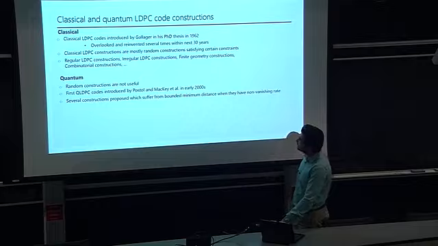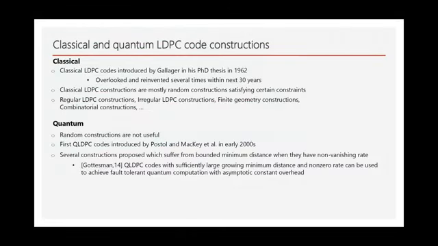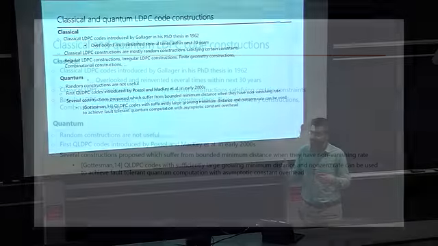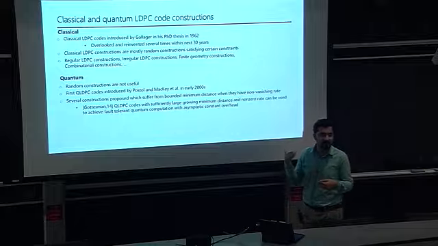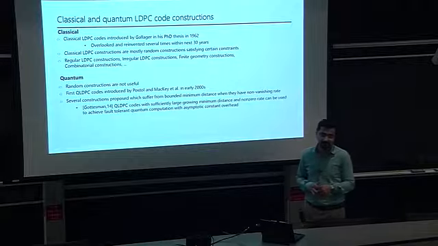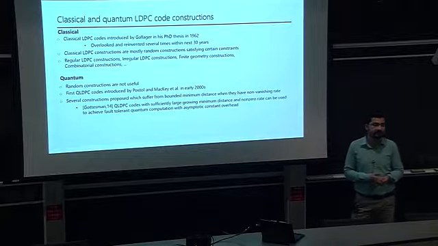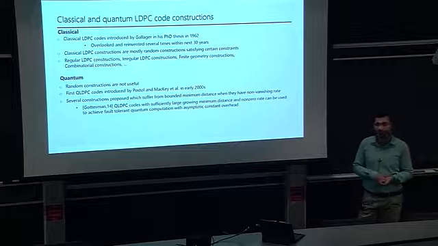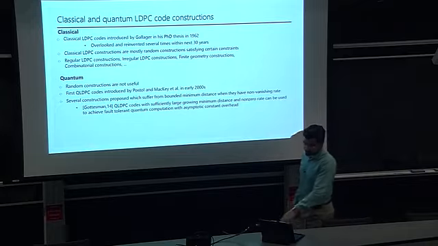There is another motivation, which comes from a result by Daniel, which states that good quantum LDPC codes with sufficiently large growing minimum distance and non-zero rate can be used to achieve fault-tolerant quantum computation with asymptotic constant overhead.